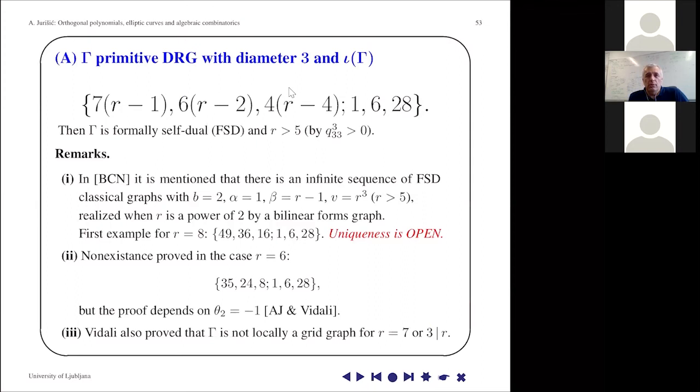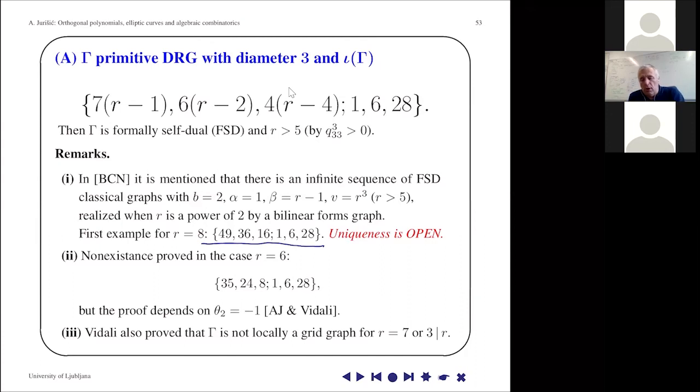Now, you can build examples from bilinear forms graphs when R is a power of 2. For example, if you take 2 to the third, so R is equal to 8, you have this example, but uniqueness is not known. So uniqueness is still open for such a small graph, which is amazing.